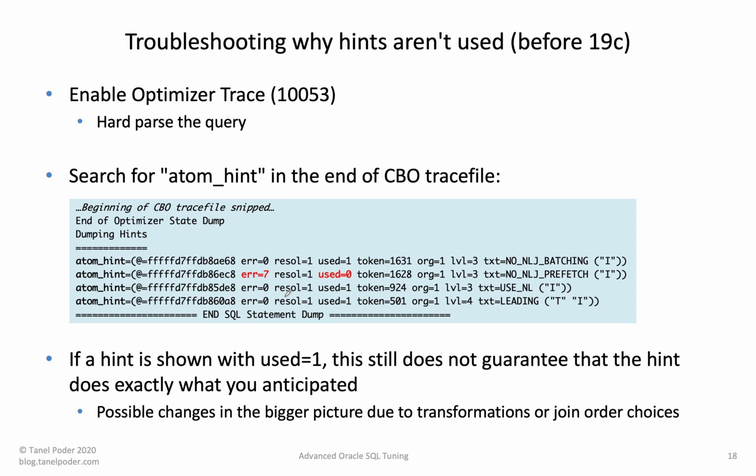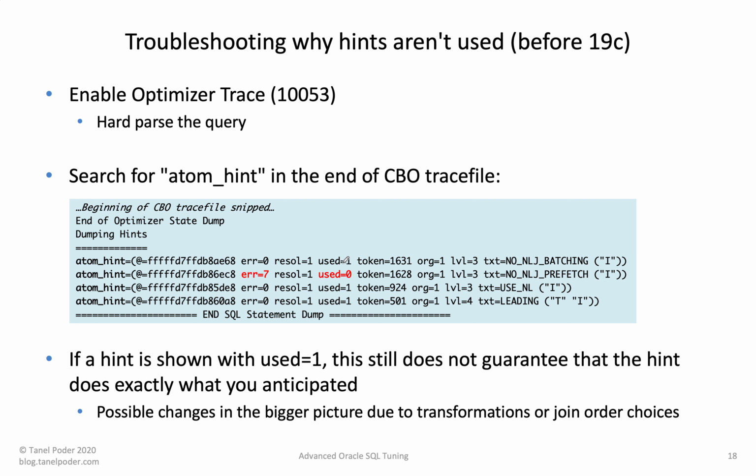When you have some sort of syntax error, you should see error here. And when you have resolved zero, that means the hint was correct, but whatever table alias I used, we couldn't find it. The table was called orders, but I was talking about table alias O. We couldn't resolve this O to an actual table, so that will be zero.